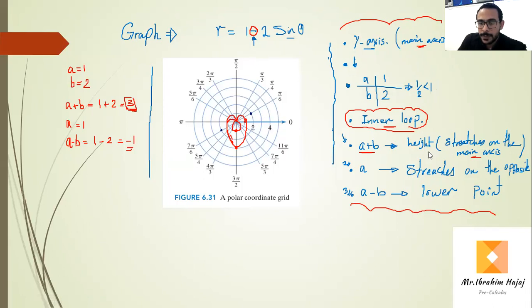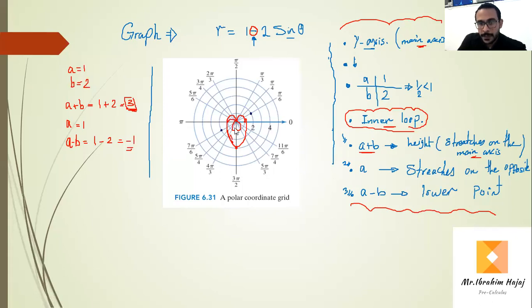The sum of them gives the stretch on the main axis. So I move 1 plus 2, which is 3, from the center, the origin or pole, 1, 2, 3 down here. Then a gives the stretch on the opposite axis: 1 unit here, 1 unit right, and 1 unit left.